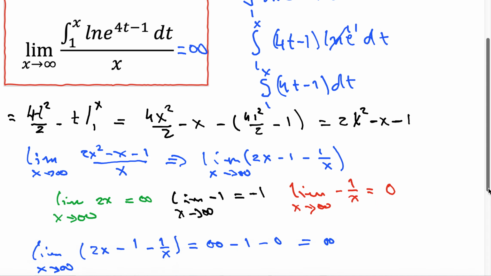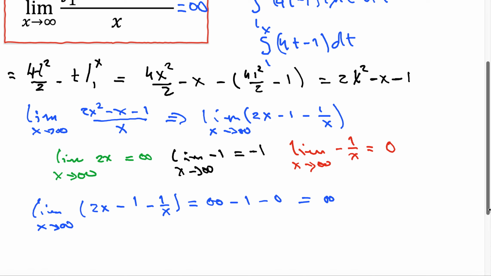But now we can verify other limits. For example, let's imagine the limit as x goes to minus infinity, and let's say this is f of x. You can substitute this expression here and find out what it is.